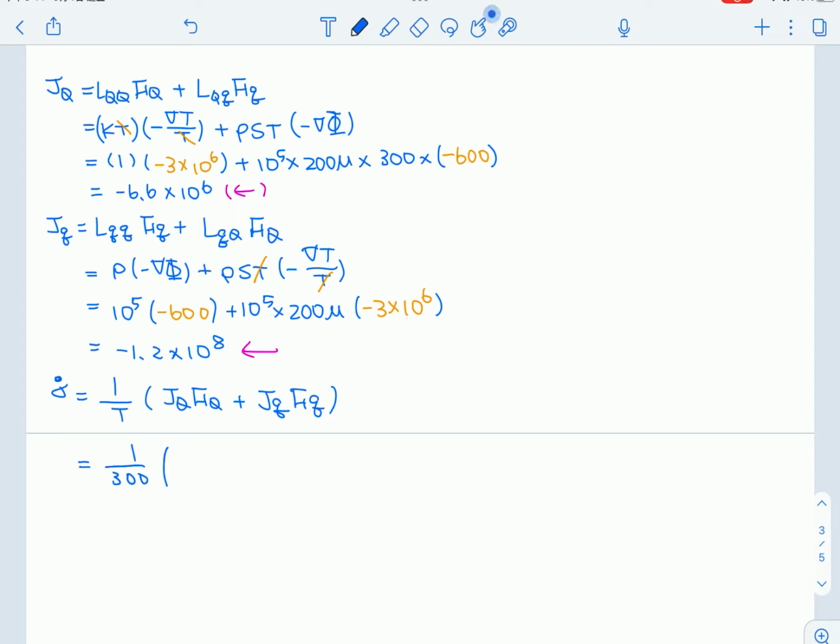So it's minus 10 to 6. What's the driving force here? It would be the minus 300, plus this one times minus 600.